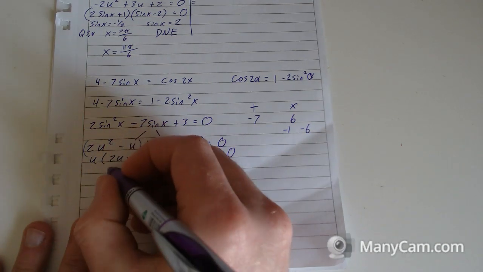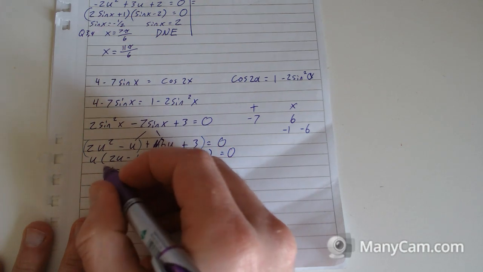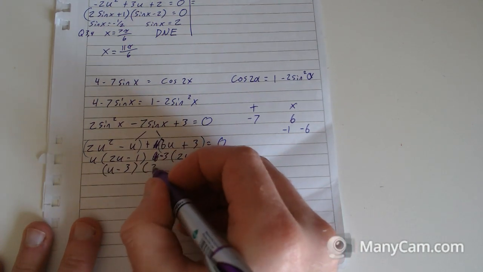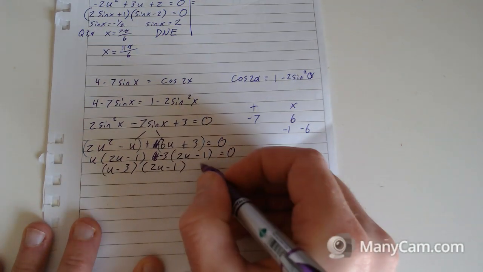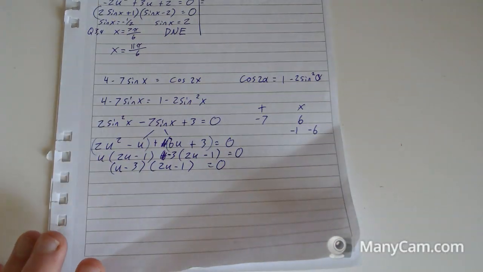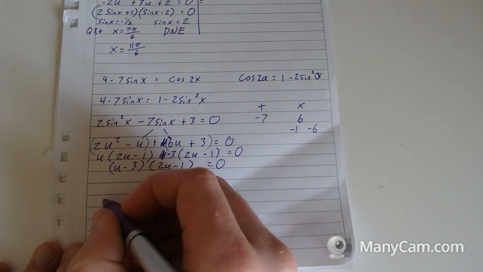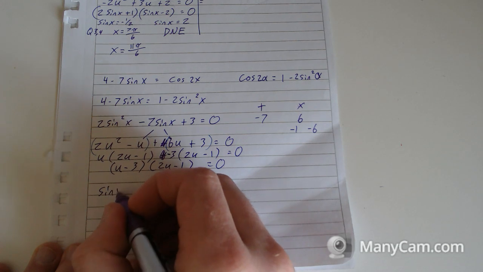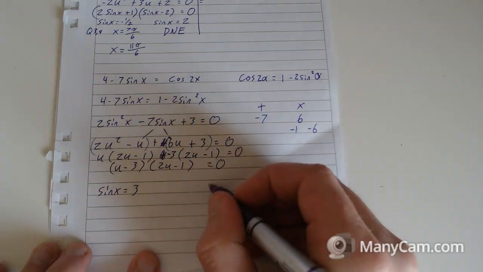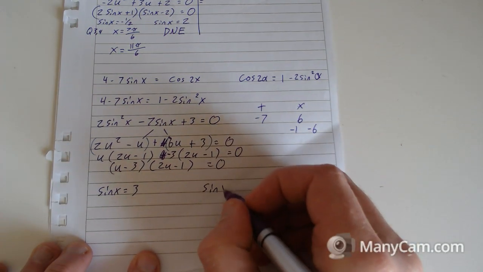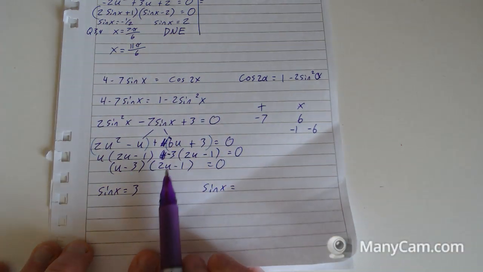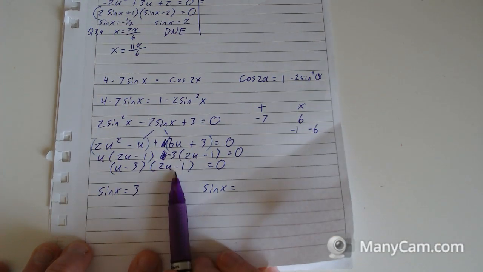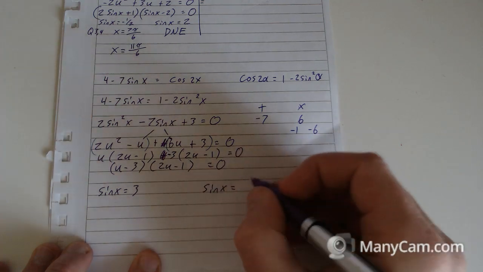Okay, so our final thing is u minus 3, 2u minus 1. So we want to find out when sine of x is equal to 3, or when sine of x is equal to, I'm just subbing it in here and moving this stuff to the other side, so 1/2.